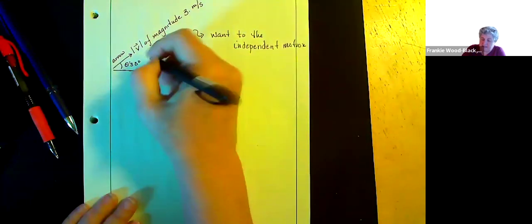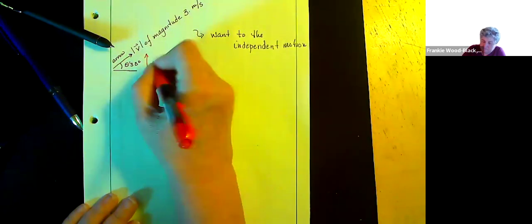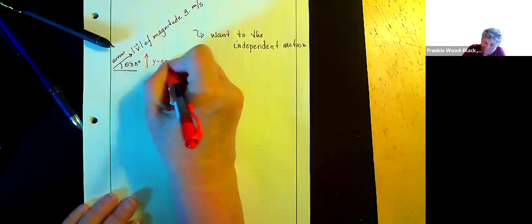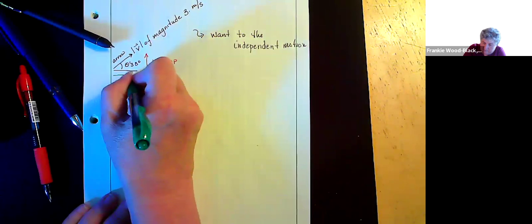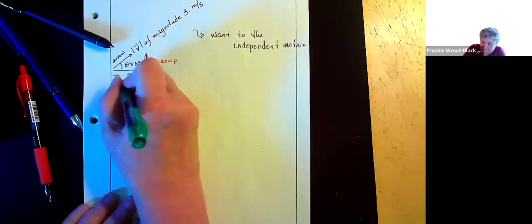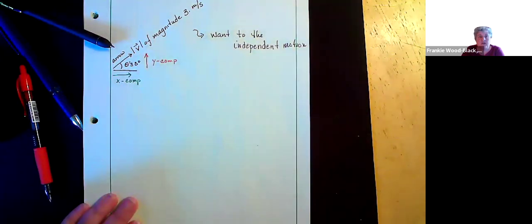So this vector has a y component, and it has an x component. And how do we get those x and y components? This is where our trigonometry comes in.